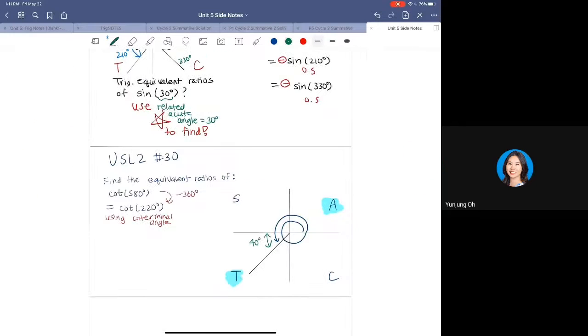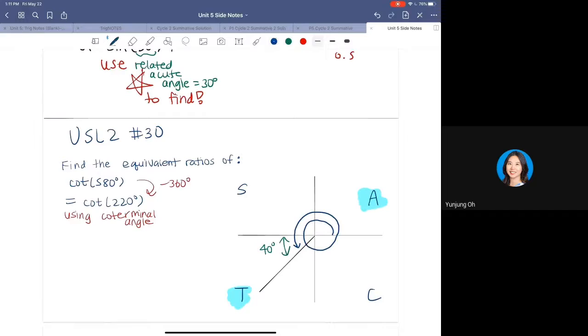That means I can draw another arm over here, and this can also have a related acute angle of 40 degrees.